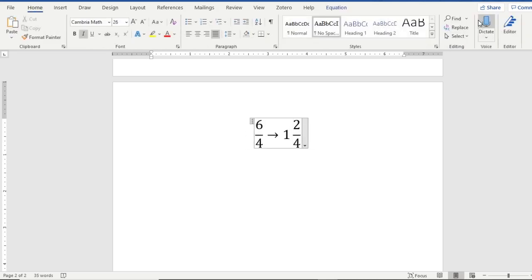However, the 2 over 4 can be reduced. So this can actually go one step further and go 1 1/2. Because 2 over 4 is equal to 1 over 2. Those are equivalent fractions.